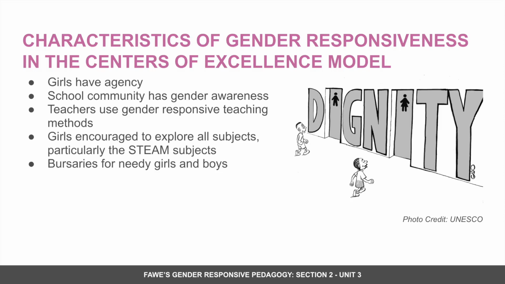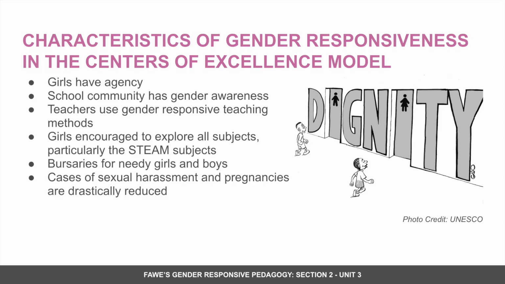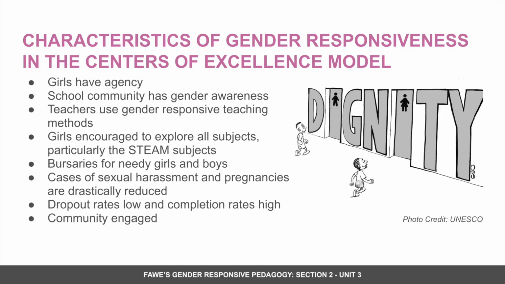Bursaries for needy girls and boys. Cases of sexual harassment and pregnancies are drastically reduced. Dropout rates are low and completion rates are high. There is community engagement. Gender-responsive physical facilities are available.